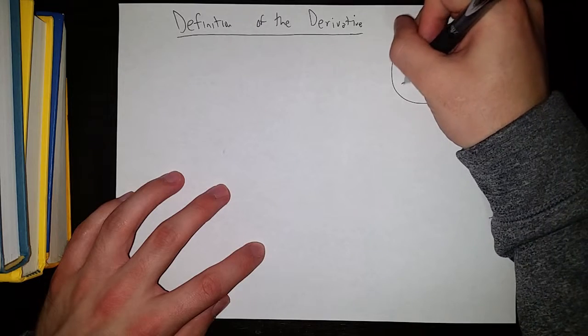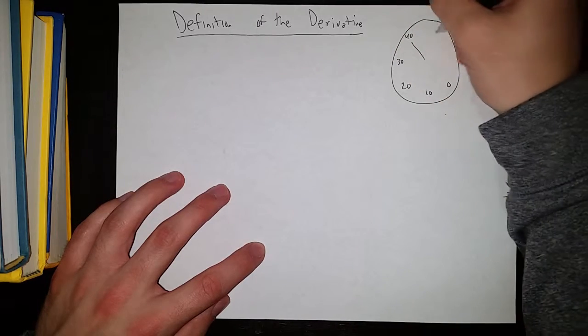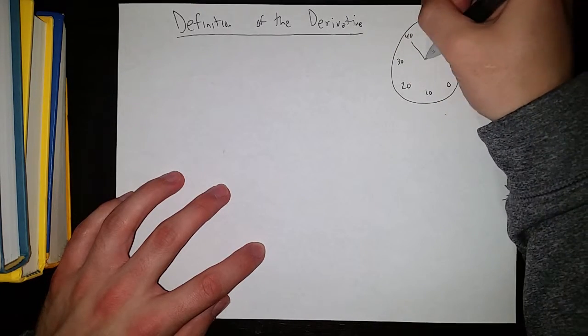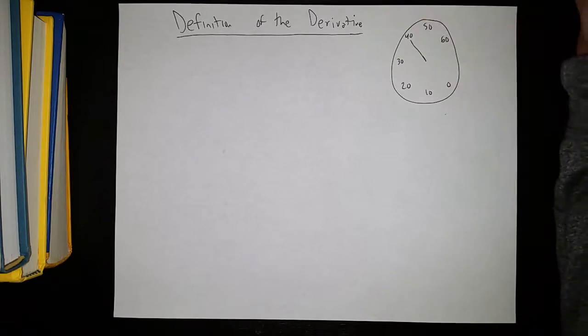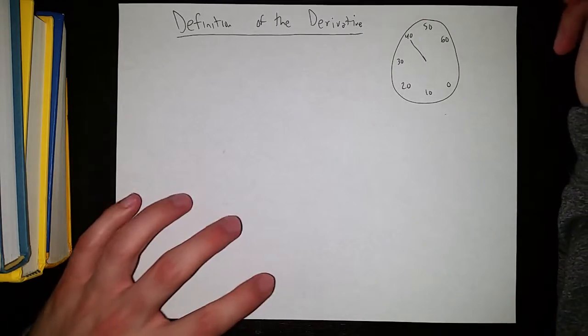So if we're going 40 miles an hour right now, then if f of x is the position we are on the earth, then our derivative will be 40. Our instantaneous rate of change of where we are on earth will be 40.